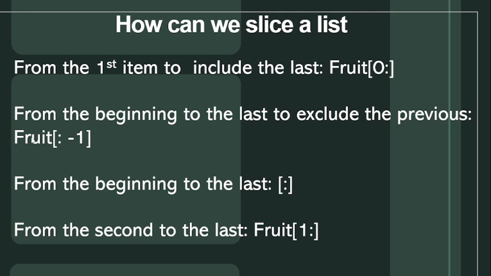Sorry, this is a mistake here. In this case, it's going to include from the beginning to the end, but position -1 will not be included, which is the last element. When you just put a colon, it means from the beginning to the last. From the second to the last means position 1, which is the second item, to the last.